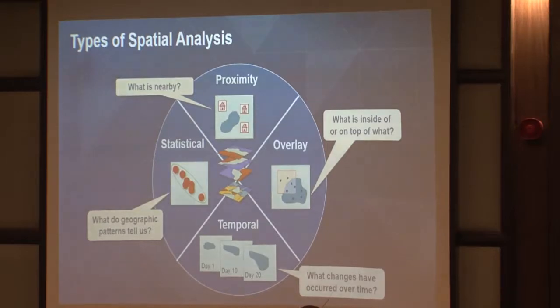This is where you're considering time, if you want to see what changes have taken place over a given period of time. You can also do a statistical analysis. We normally perform a statistical analysis when we want to identify some patterns within our data set.